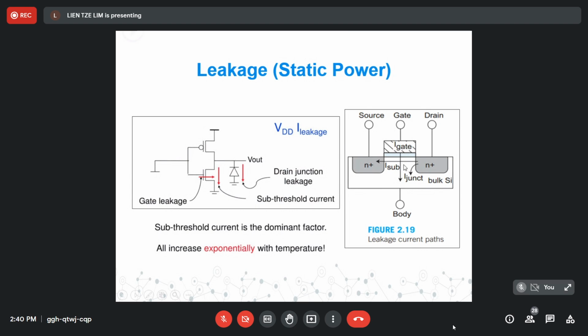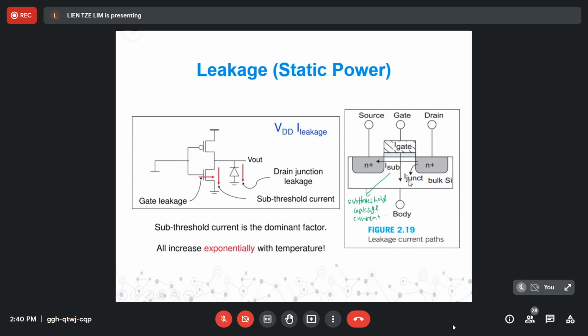And then I subthreshold is the subthreshold leakage current.